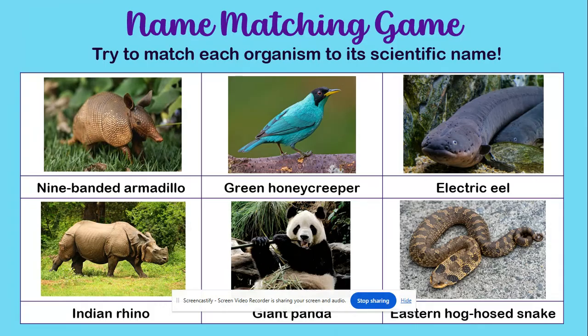These are six animals with their common names, and you can try to match each to its scientific name. The scientific names are on your paper. You're trying to match up the animal up here with its common name to the scientific name on your paper. So pause here for a moment and see if you can match them up.